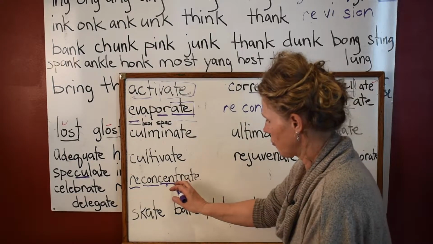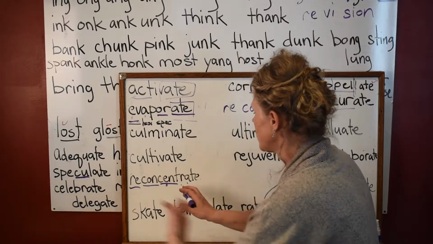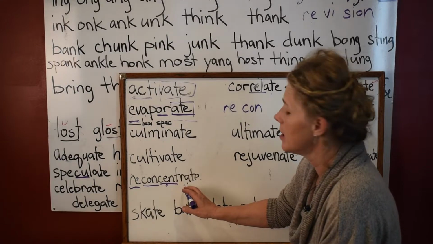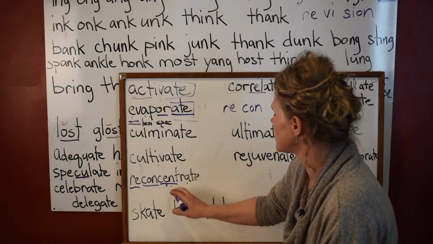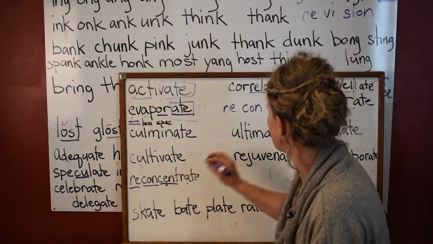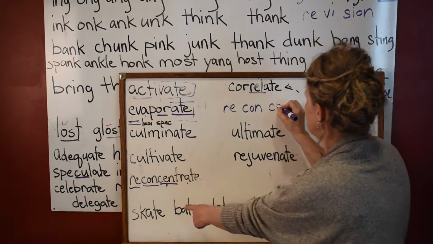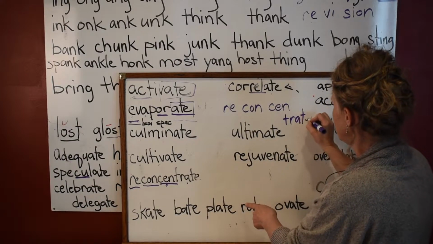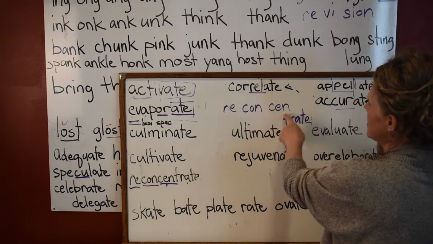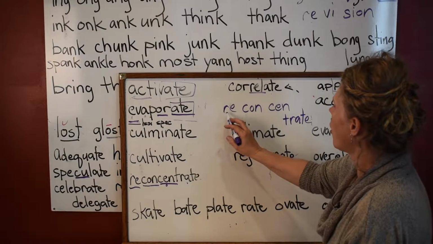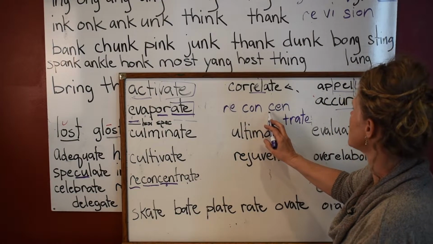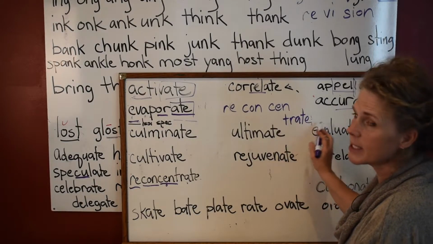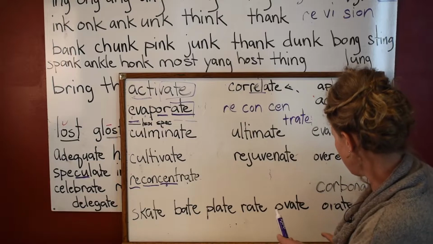So when you have 3 in the middle, you want one to go this direction and one to go this direction, and often it will be a TR. TRs typically, they're a 2-letter blend, they stay together. So we're going to put C-E-N and then the T-R-A-T-E, okay? Reconcentrate. Open, closed, closed, vowel team. I mean unit syllable. I didn't mean to say vowel team.